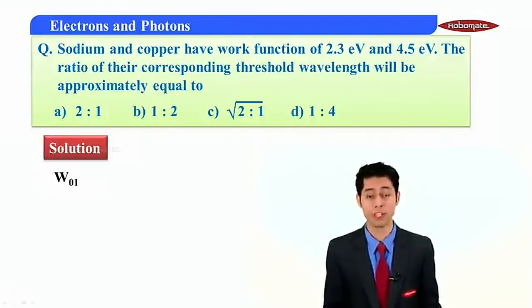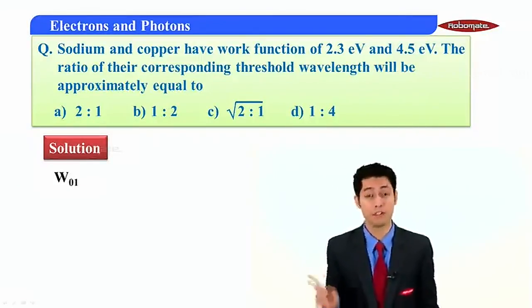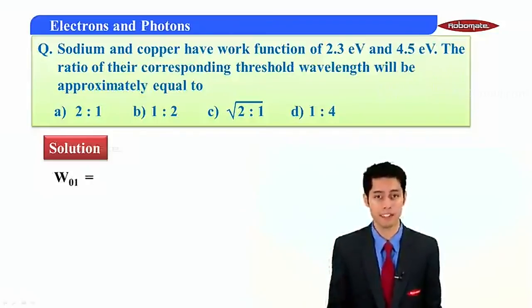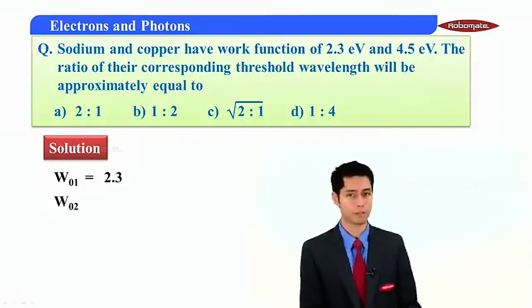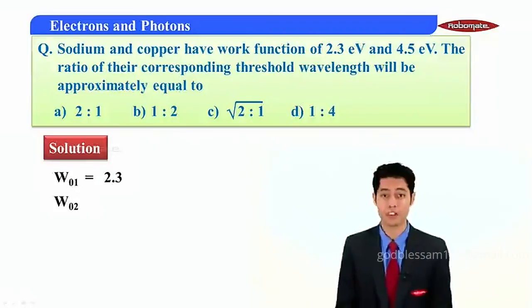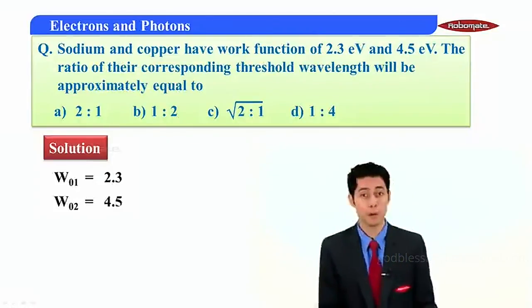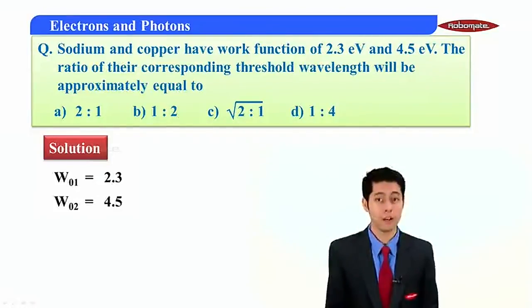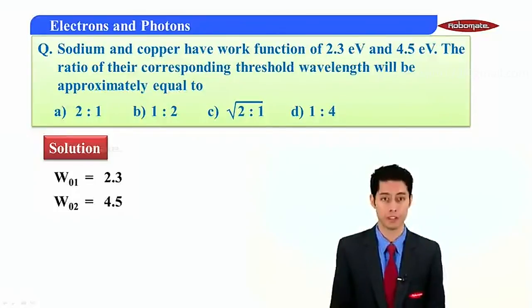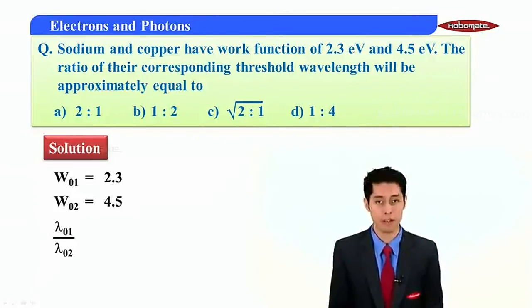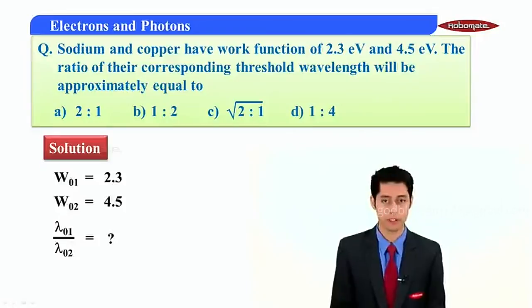We assume the sodium to be of the case 1, so the work function in the first case is 2.3 electron volt. In the second case, the work function, that is for copper, it is 4.5 electron volt. Now I want the ratio of the threshold wavelength. That means I want lambda naught 1 divided by lambda naught 2.